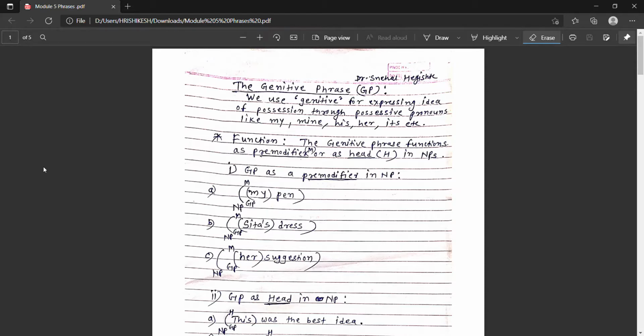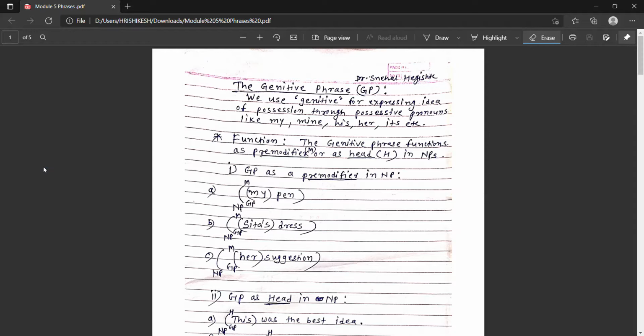Do you get the meaning of the genitive? Genitive expresses here possession, and possession is expressed through possessive pronouns like my, mine, his, her, etc. So while discussing the structure and function of the phrases, first of all we can discuss function. There are two important functions of the genitive phrase, particularly in the NPs.